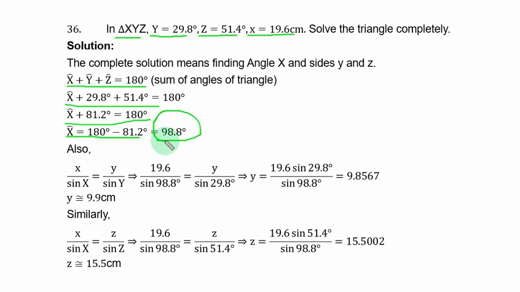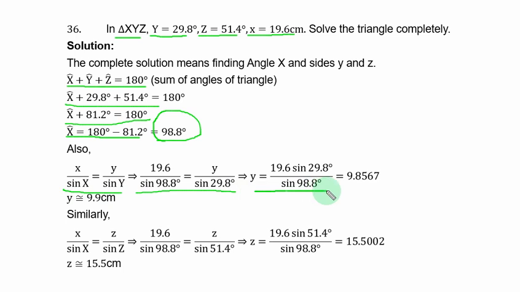You can now get side Y writing the sine rule in terms of S and Y in this form. You replace side S, angle Y, you have it in this form. First, you cross multiply and divide both sides by sine 98.8 degrees.